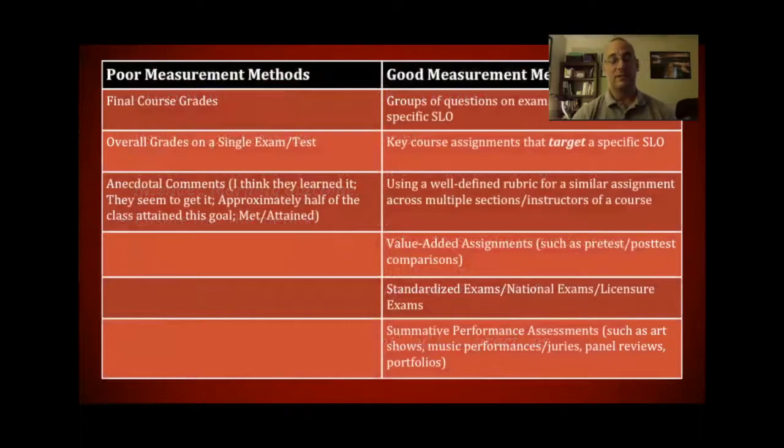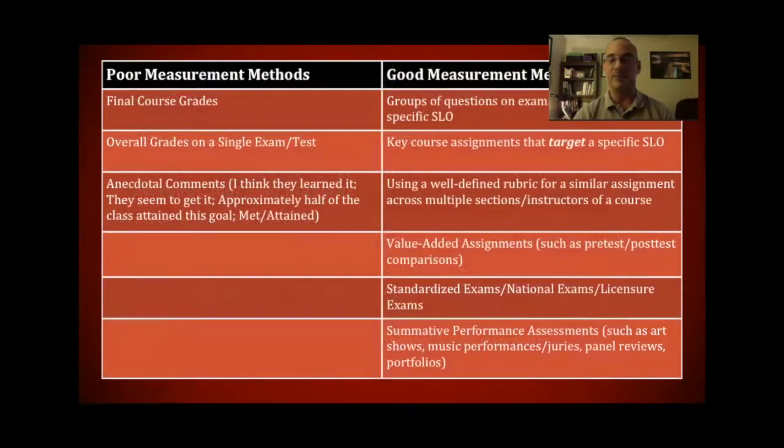So let's look at some practical examples of best practices, if you will, for being able to do this. Right away, some poor measurement methods that we might say: final course grades. In the world of course assessment and program assessment, we really want to shy away from final course grades, because think for a moment, what all goes into a final course grade? Well, it's a lot more than just any one or a group of learning outcomes. It's a variety of competencies. Not only specific competencies where the student has to demonstrate skill, but demonstrate that they have knowledge of particular content.